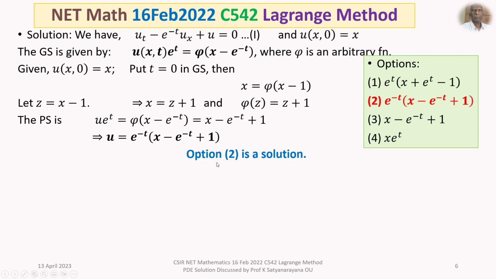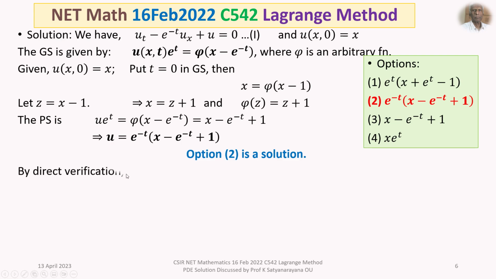By this method we got one solution. Now what we can do is take 1, 3, 4 and by direct computation, that means u is equal to these expressions, you take and partially differentiate with respect to t, partially with respect to x, and substitute in the given partial differential equation. Is it satisfying?